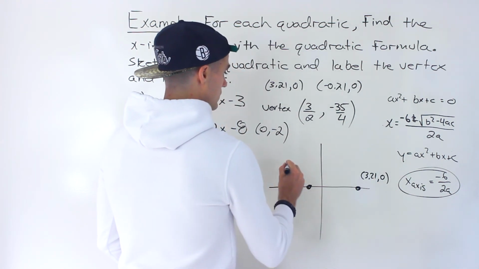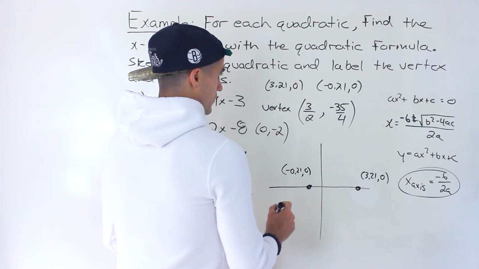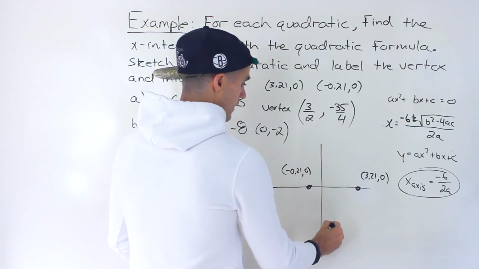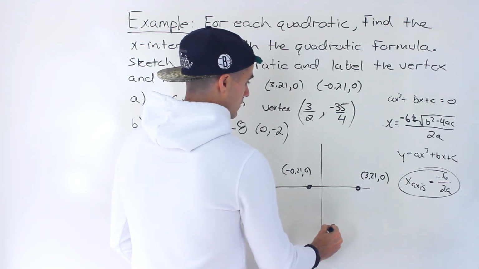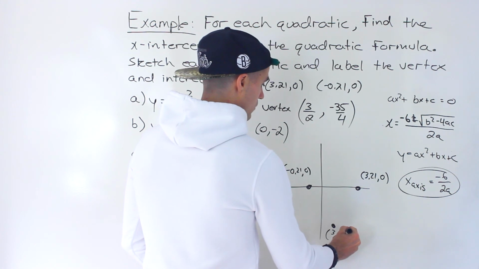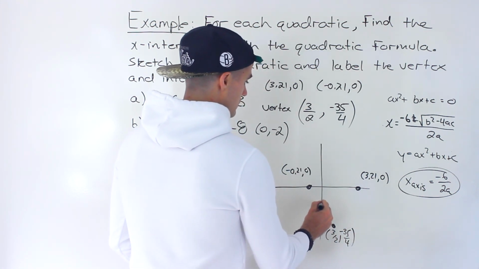Negative 0.21, that's over here. 3 over 2, negative 35 over 4, so that's 1.5, and then down here, negative 8.75. Then we'd have 0, negative 2.